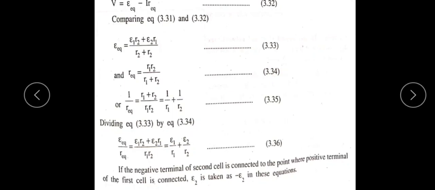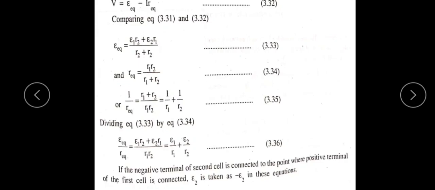Now dividing equation number 3.33 by equation number 3.34, you will get E equivalent divided by R equivalent, and that becomes (E1 R2 plus E2 R1) divided by (R1 plus R2), divided by R1 R2 divided by (R1 plus R2).